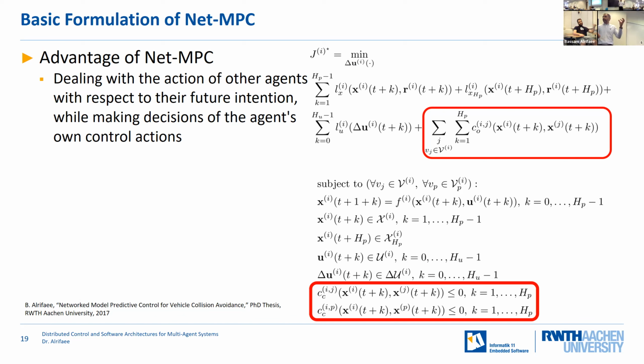So we get the connection of the systems in the objective function or in the constraints, using coupling functions, coupling constraints between agents or between agents and passive agents. What is the advantage of this formulation? We can deal with the action of other agents with respect to their future intentions, because we have MPC, while making decisions of the agent's own control actions.